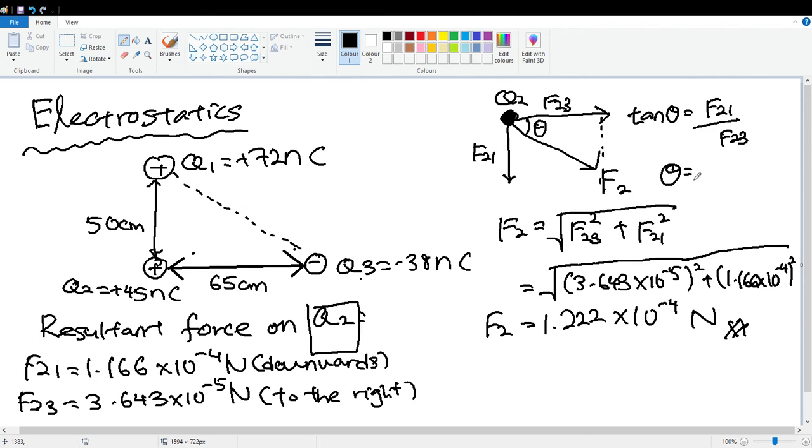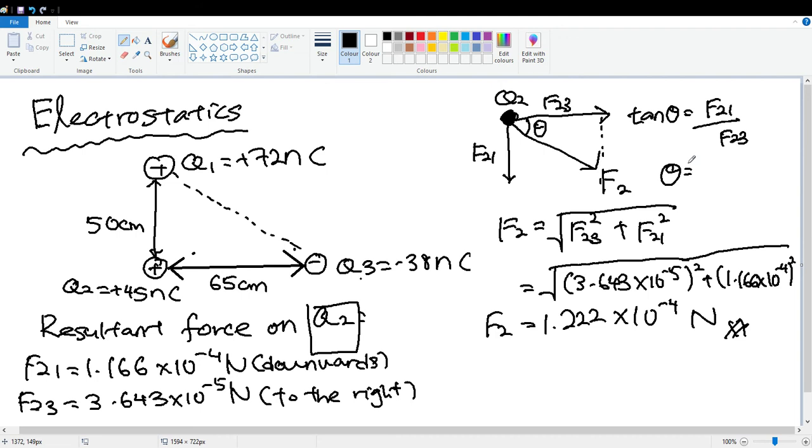For my theta, I directly found the angle of theta. I didn't substitute the magnitudes of both F21 and F23. So this is basically 1.166 and 3.643 times 10 to the power negative 5.